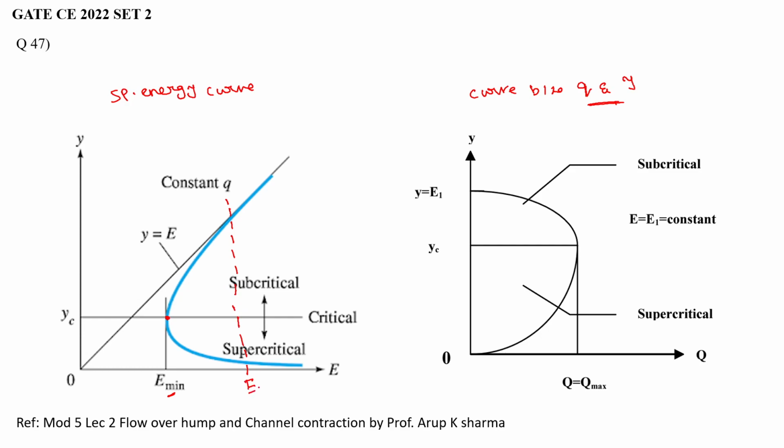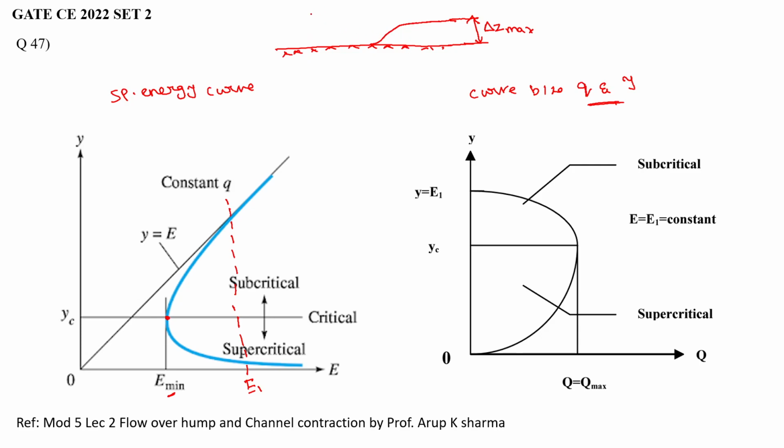Let's say we mention this as E1. Let's take the same question. This is a channel bed. Now construct a ramp. This is delta Z max. At some distance it will be the same, it will be delta Z only.